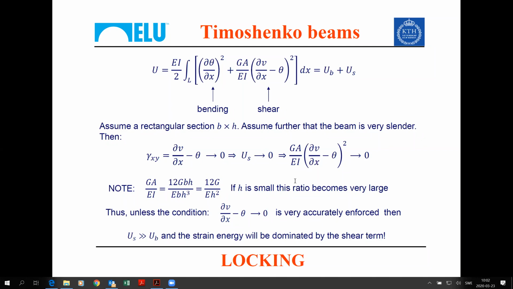So whenever you use a Timoshenko beam in a computer code, look at the theoretical manual of the program and see if they deal with the shear locking issues for the Timoshenko beams. If they do not deal with that, then use Timoshenko beams just for rather high beams, say for H over L higher than 0.1.